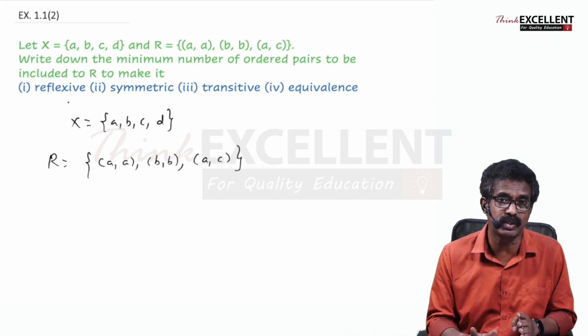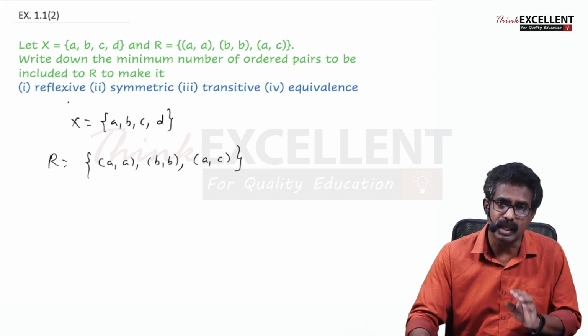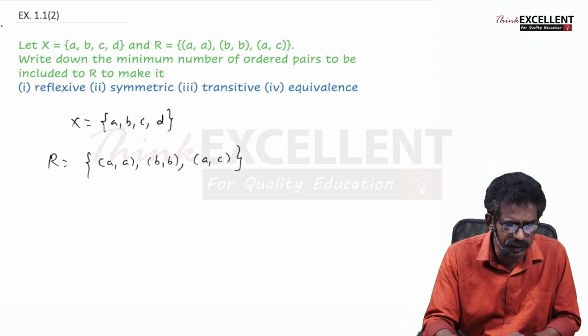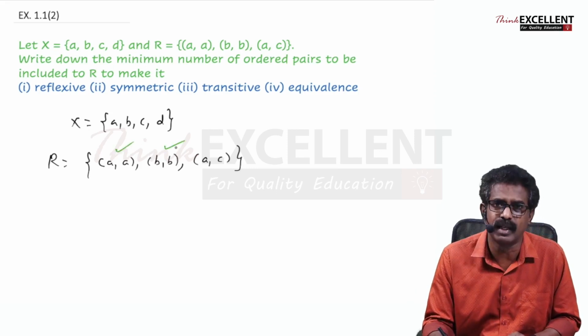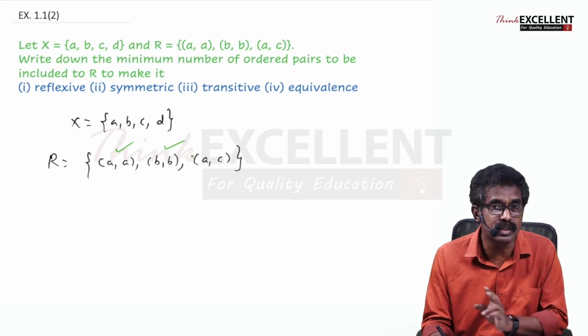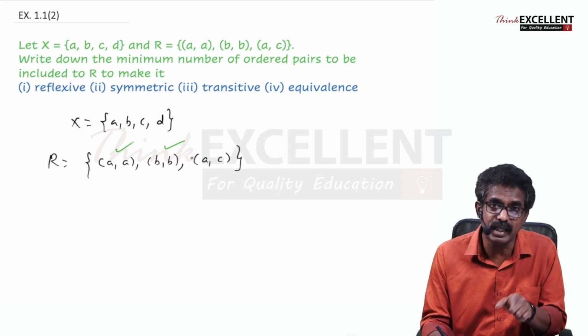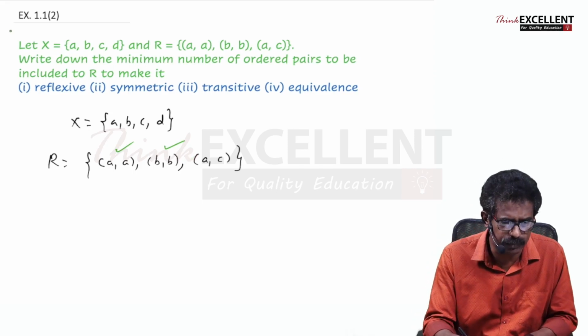A must be related to A. Yes, it is there. B must be related to B. Yes, it is there. C must be related to C. C comma C, it is not there. D comma D, it is not there. So it is not reflexive now. To make it reflexive, those two elements should be added. That is what they asked.